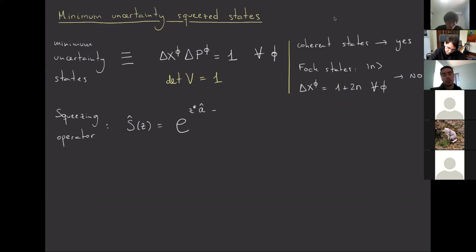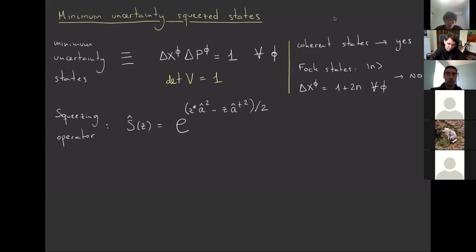Remember that the displacement operator had an exponent that was linear in annihilation and creation operators. That was the simplest Gaussian unitary, while the squeezing operator has quadratic dependence on annihilation and creation operators, and therefore is not the simplest one, but it's still a relatively simple one. And just for convenience, we divide by 2, okay?